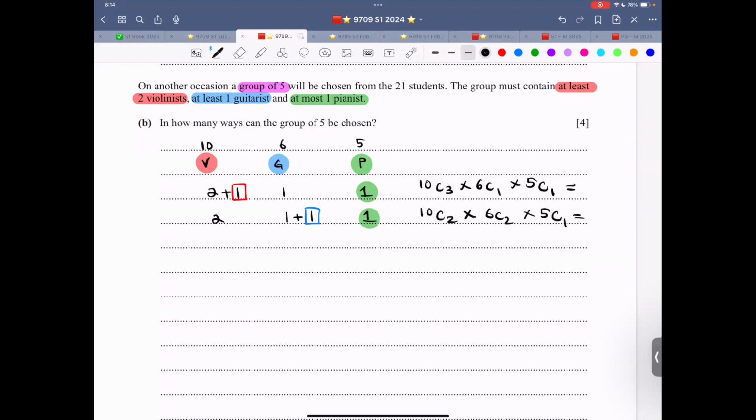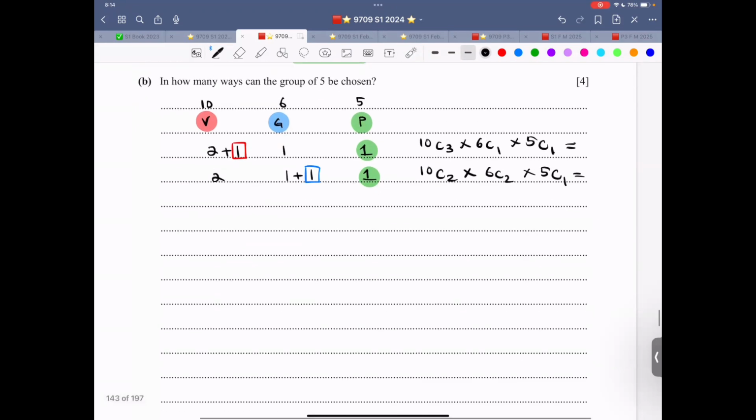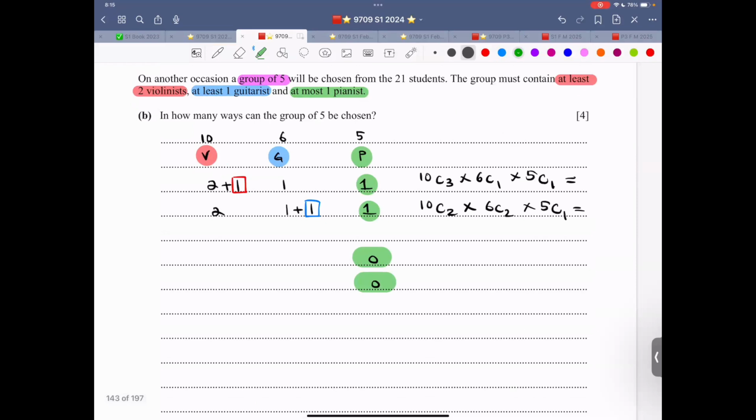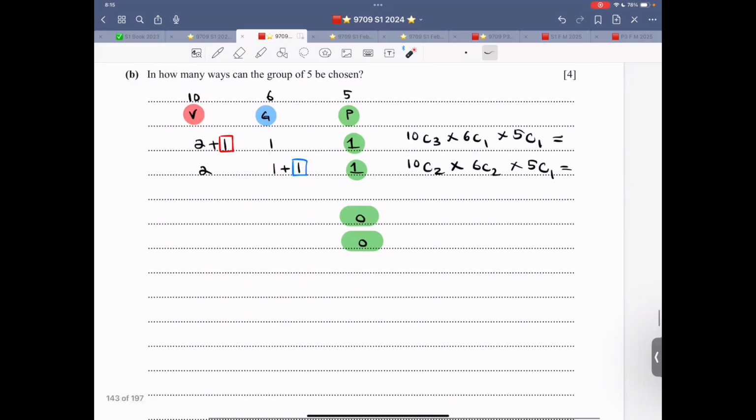These are 2 options. What about if I fix these 2 as zeros? I can also do that. If I fix these 2 as zeros, that means I need to collect 5 from these 2. That means, can I choose 3 and 2? That is a possibility. Can I choose 2 and 3? That is also a possibility. Can I choose 4 and 1? That is also a possibility. So let me add one more thing.